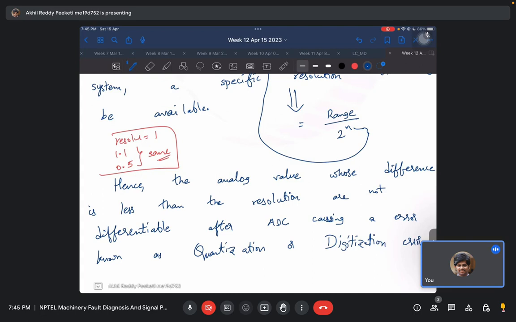So if you reduce the resolution step, then this error can be reduced. The resolution can be reduced by increasing the n. So increasing n decreases the resolution step, thereby reduces quantization error.